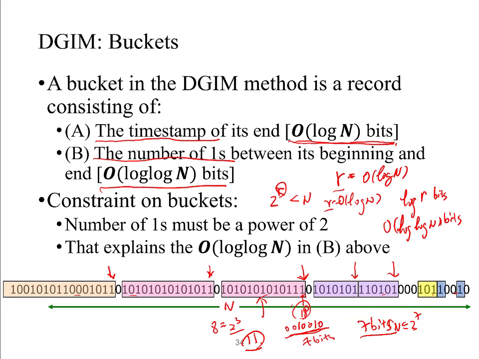And it is the same for the count. So we need log n bits. We know that log n is 7, as we can see here, so log of log n would be 3. So we would add an additional 0 to the left of this 11, making it 3 bits. So in this case, we need 10 bits for any of the buckets in the stream when we're using this method.